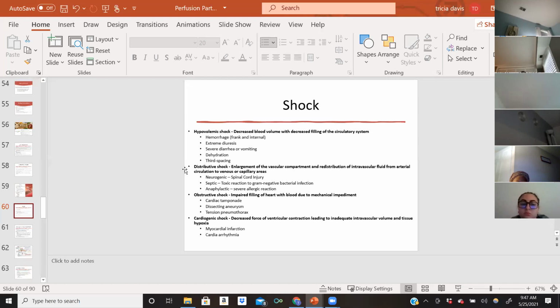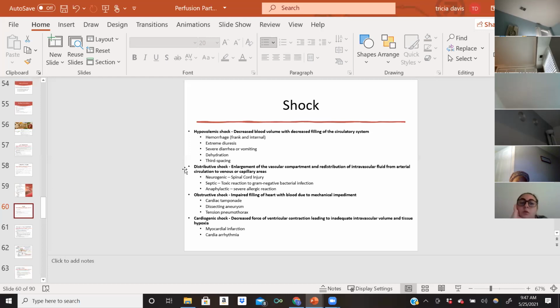Obstructive shock is impaired filling of the heart with blood due to some type of mechanical impediment. So patients that have cardiac tamponade from pleural effusions or pericardial effusions, patients that have a dissecting aneurysm, and then tension pneumothorax.